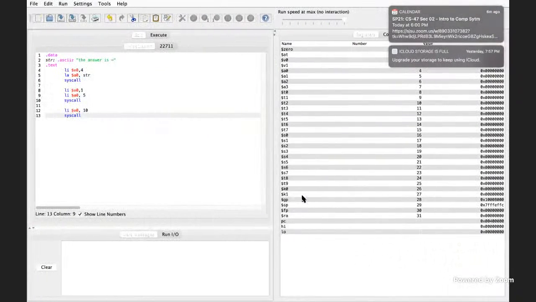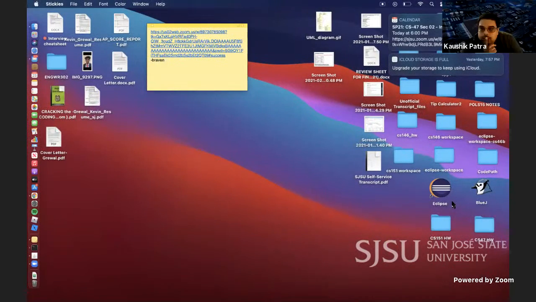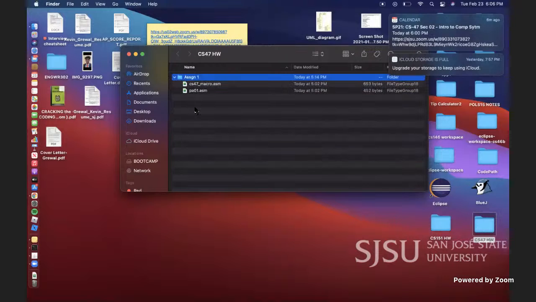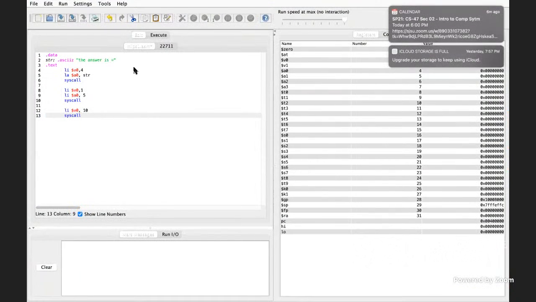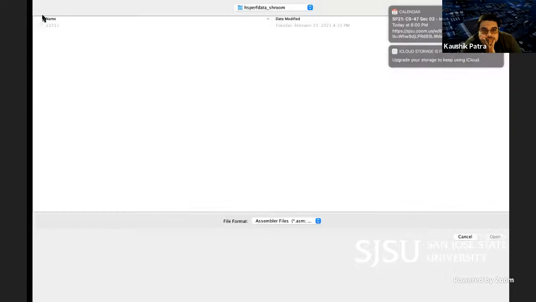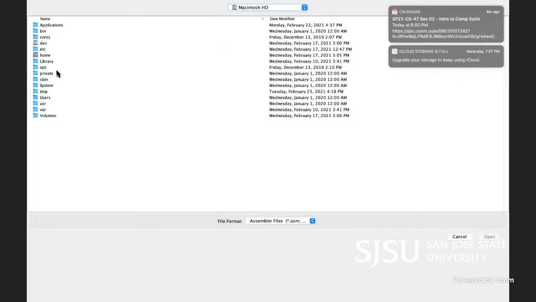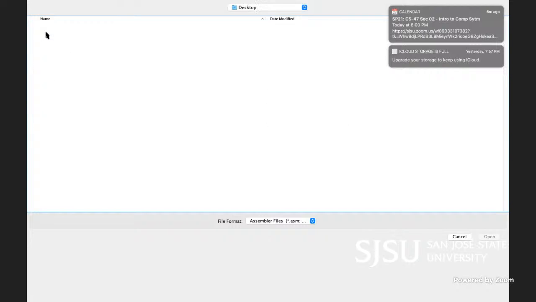Okay, so I have it in this folder under assignment 1. And then if I go to my Mars, File, Open, then I'm going to go to my desktop right here, and it's just empty.